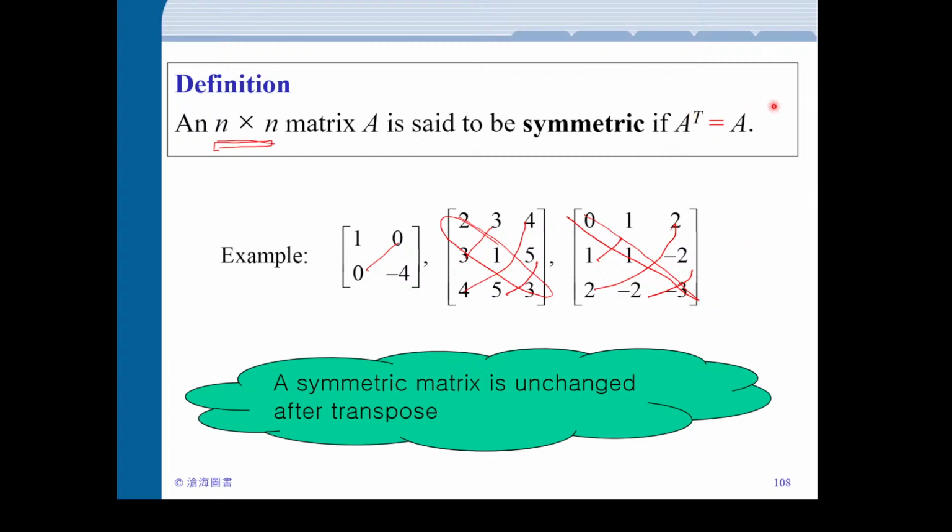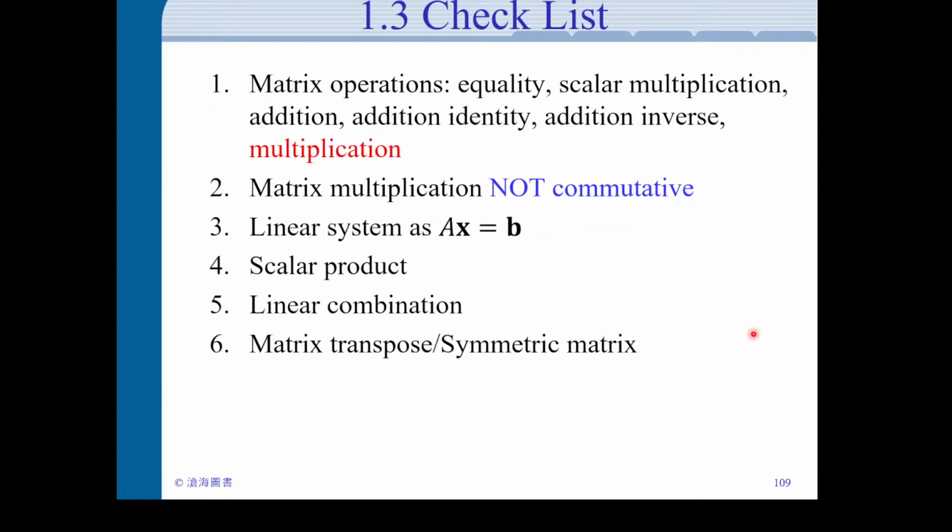And it is symmetric if and only if A transpose equals A. So you need the off-diagonal elements to be the same, that is Aij equal to Aji. So it has this symmetry: this 3 equals 3, 4 equals 4, and 5 equals 5, etc. Okay, so that's transpose and symmetric matrices.